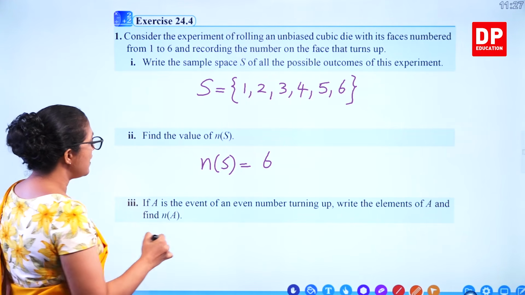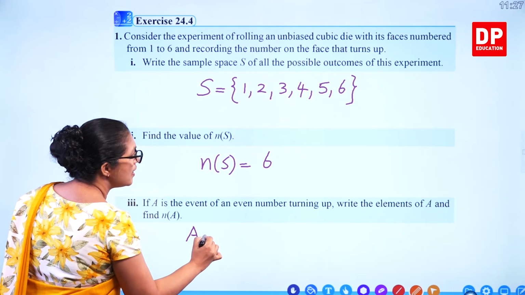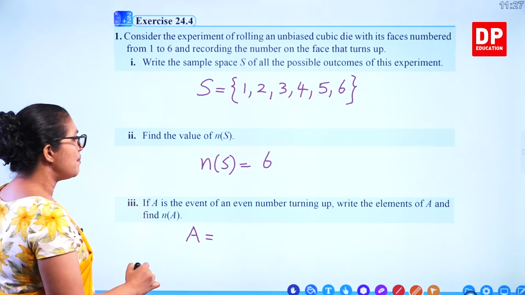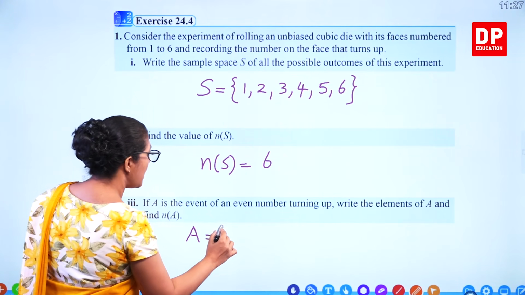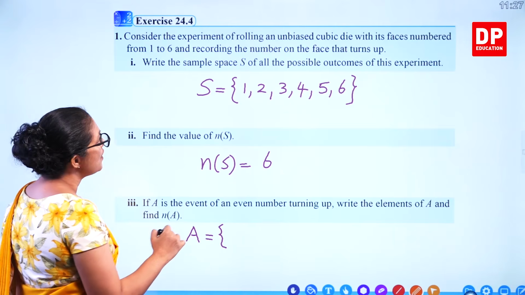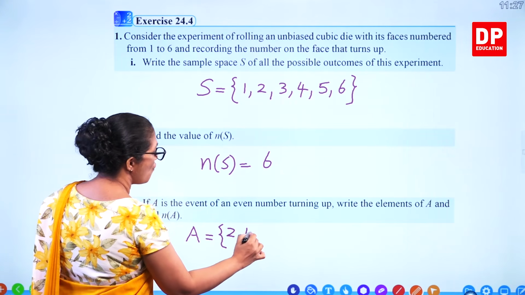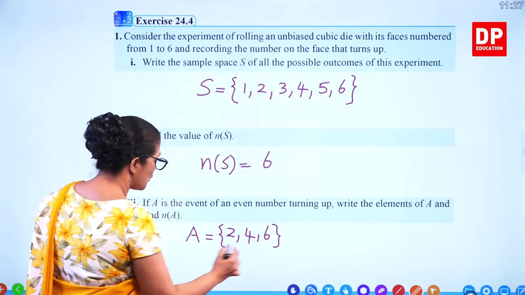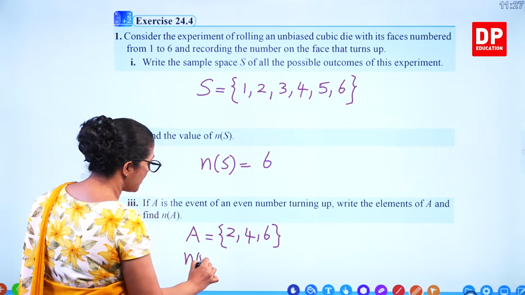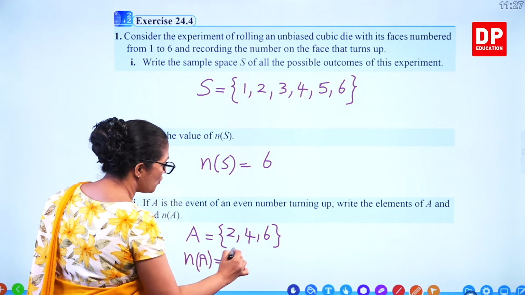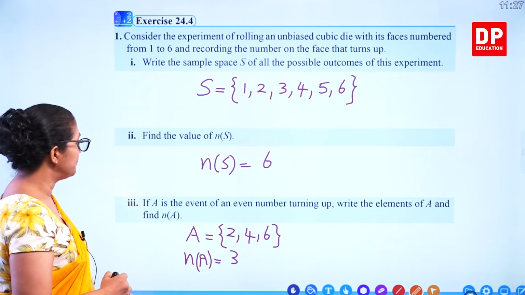If A is the event of an even number turning up, write the elements of A and find N(A). What are the even numbers you can get? 2, 4, 6. So what's the number there then? 1, 2, 3. 3 possibilities are there.